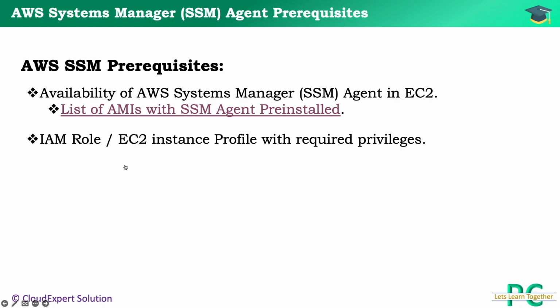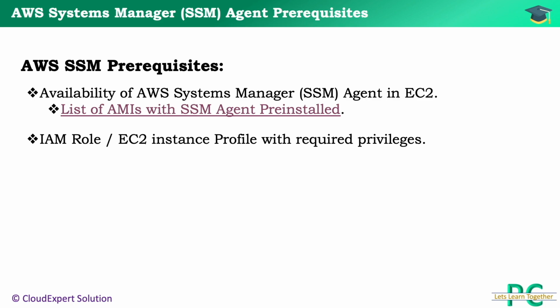The next is an IAM role or EC2 instance profile with required privileges. Once you install the Systems Manager agent, the SSM agent in the EC2 instance needs to connect with the Systems Manager service. As AWS maintains a zero trust policy, unless and until you explicitly allow, services won't be able to communicate with each other.